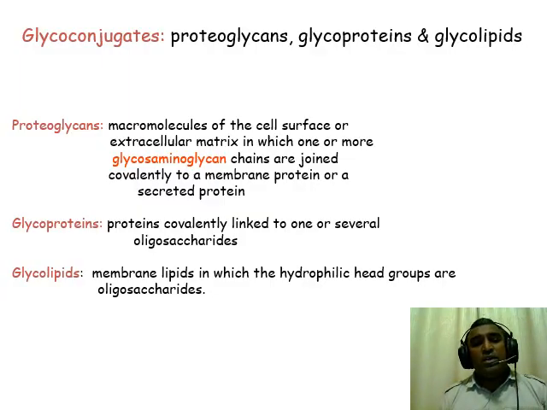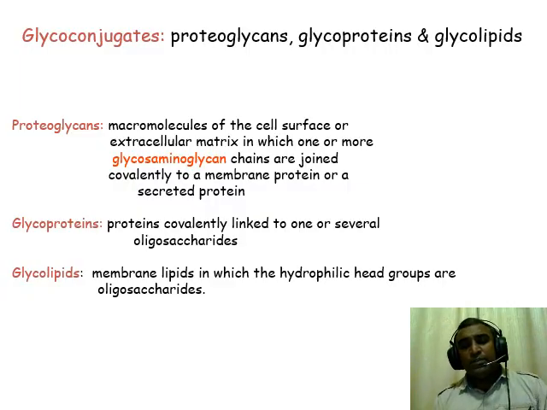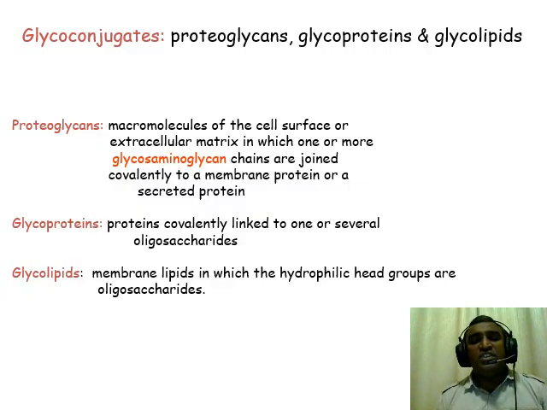Proteoglycans have repeats known as glycosaminoglycans, while glycoproteins are proteins attached with a few oligosaccharides. Glycolipids are found in membrane lipids, where the lipid part is in the cell membrane and the glyco part is on the outside, having certain functions.